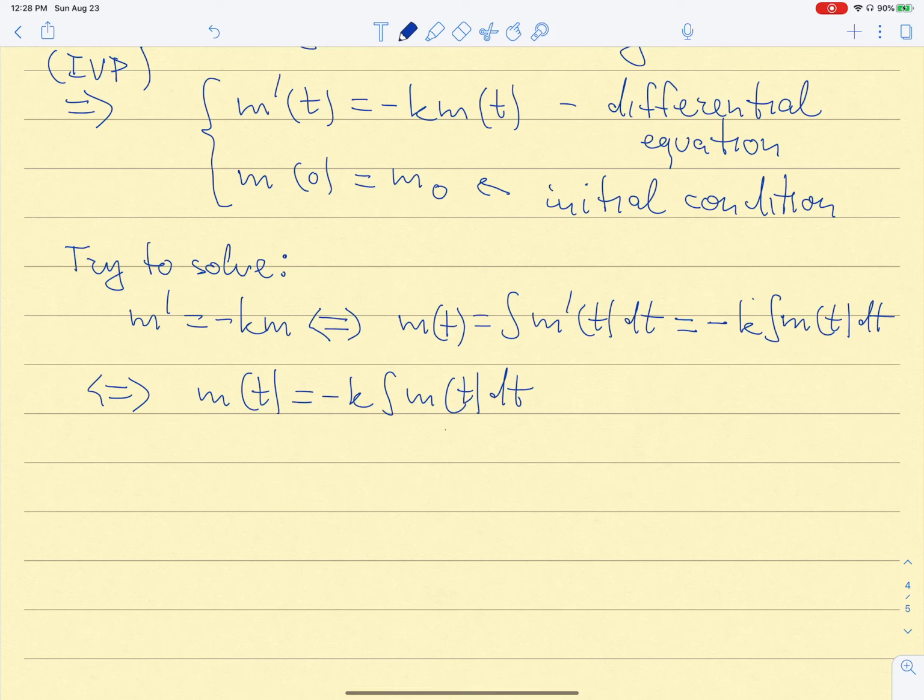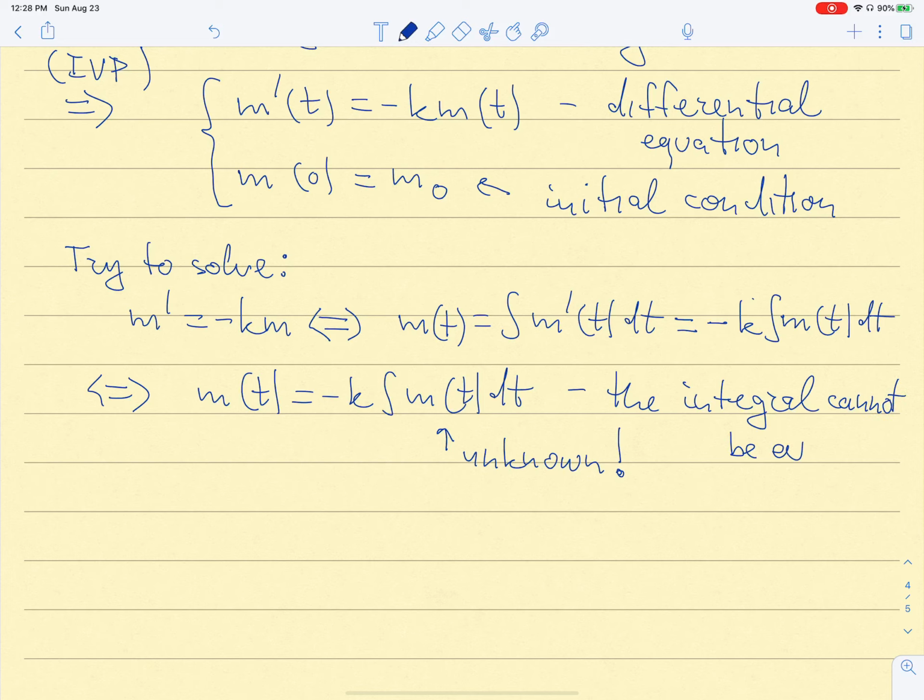So m of t is still unknown. And because it is unknown, the integral cannot be evaluated explicitly.